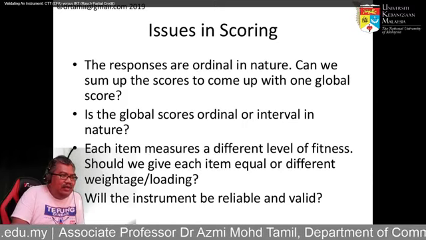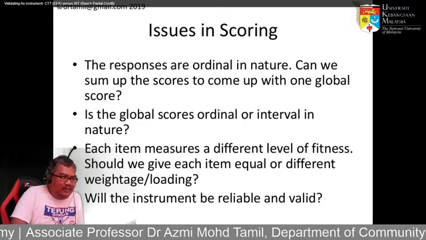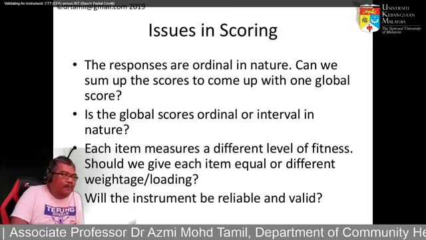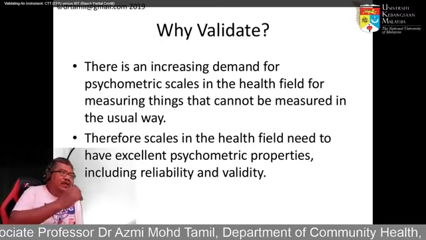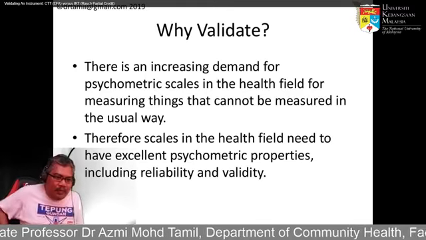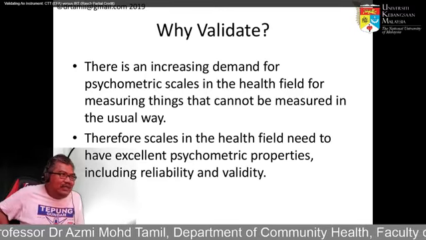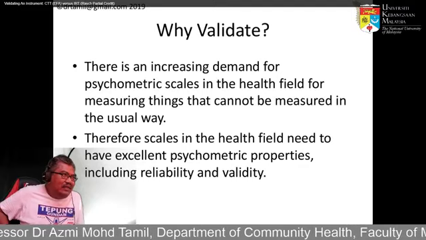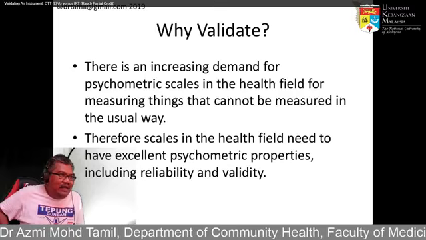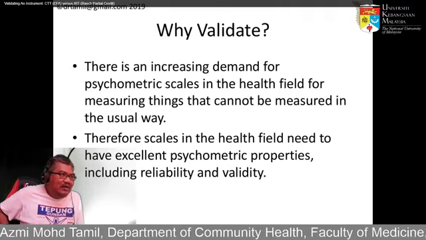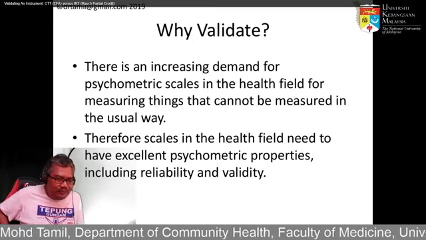weightage? Okay. And of course, the other thing is, will the instrument be reliable and valid? Okay. So for that, we have to validate. So there is an increasing demand for psychometric skills in the health field for measuring things that cannot be measured in the usual way. Therefore, tools in the health field need to have excellent psychometric properties, including reliability and validity.